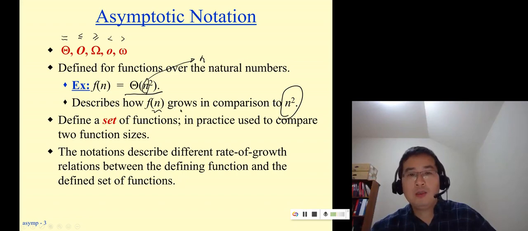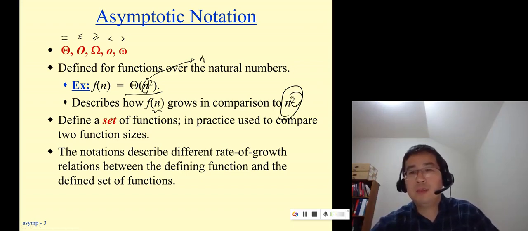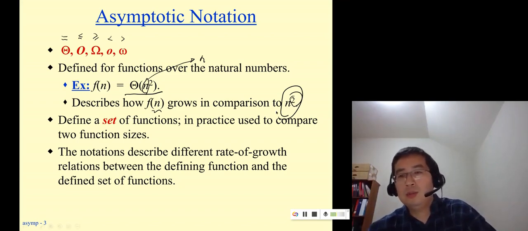How will it grow? That means the rate of growth. Whether it's n squared or 2n squared, it will only be decided by the power of n. The main concern is about the power: n to the power of 2, or n to the power of 1 or 1.5.